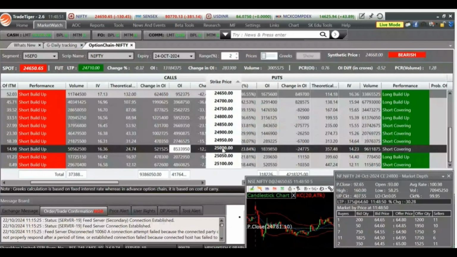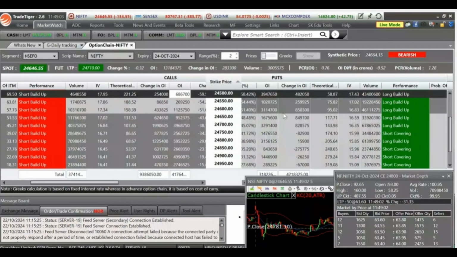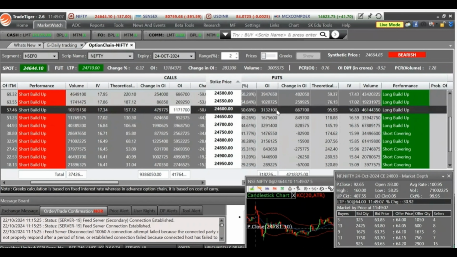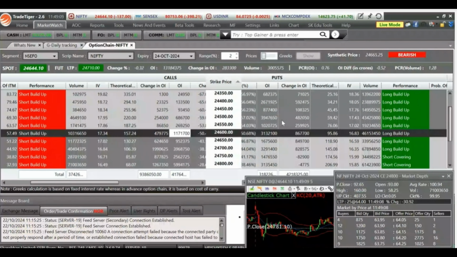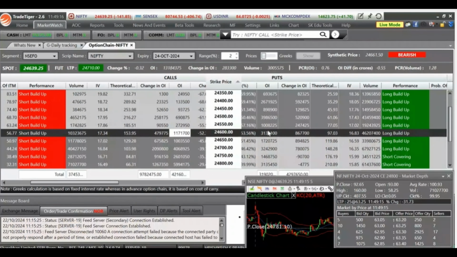Okay, now similarly for supports, we would look at the put side of it. Okay, so which is the put option with the highest open interest here? As you can see, 24,500 is around 40 lakhs, and 24,600 is at around 21 lakhs, these are the prices with the highest amount of open interest. And I'm sure that at 24,000 also we might have some open interest built up, but that is too far.